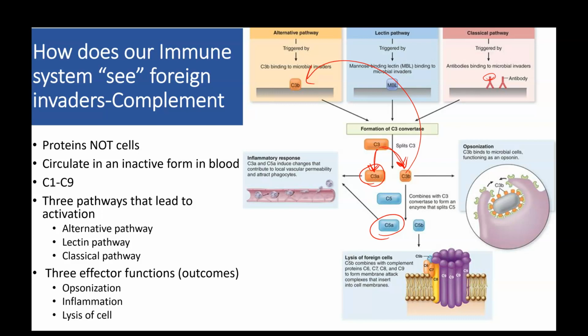And when you start to recruit C9, it's going to basically jam itself into the lipid bilayer of the cell membrane, and a bunch of them get together and form a circle, and that basically punches a big hole into the side of the cell, and that's going to basically ruin the membrane integrity of the cell, and water is going to get into the cell, all the cellular contents are going to spill out, and that, of course, is going to lead to the death of the bacteria or whatever cell that might be.